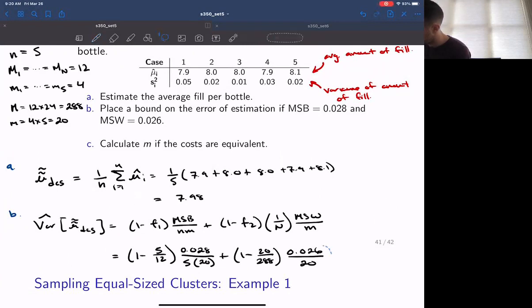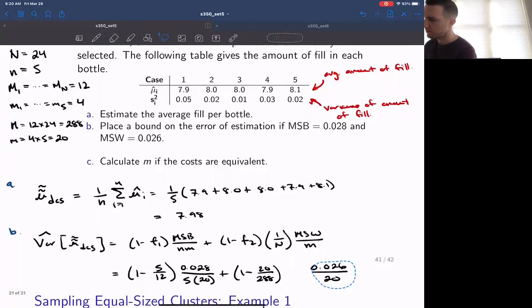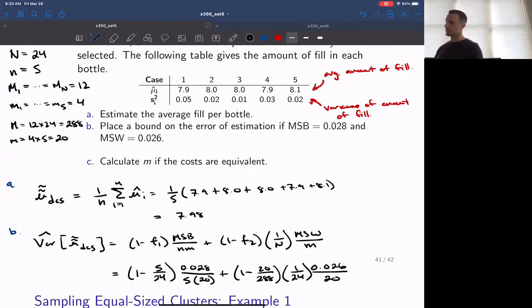And then I forgot a term here. It's actually a 24. And then this is going to be 1 over 24. Yeah, F1 is little n over capital N. Yeah, 5 over 24.